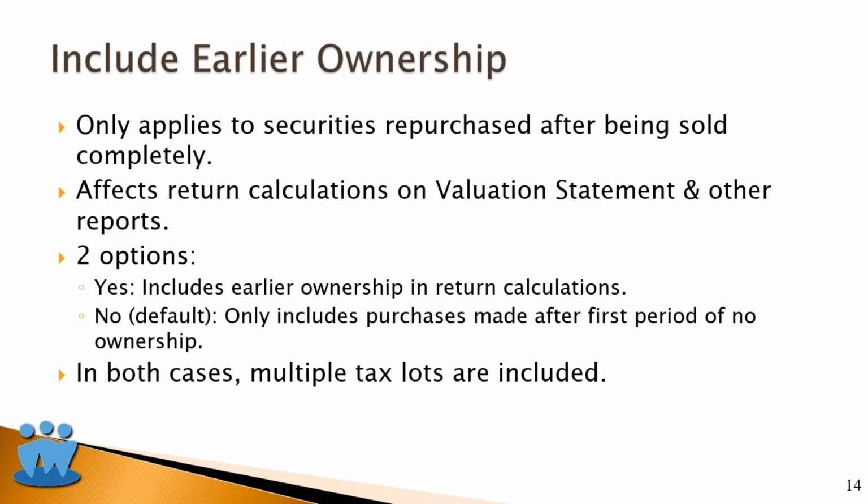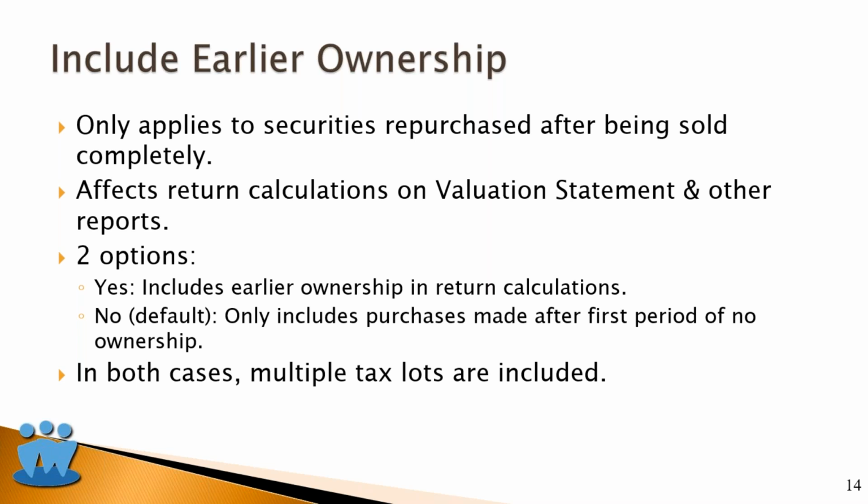This is a philosophical issue, and that's why we make it a choice. You can establish your club's preferences for looking at the rate of return. This is the compound annual return that you can optionally include on each valuation statement that you generate, and other places where that compound annual return figure is calculated by security.